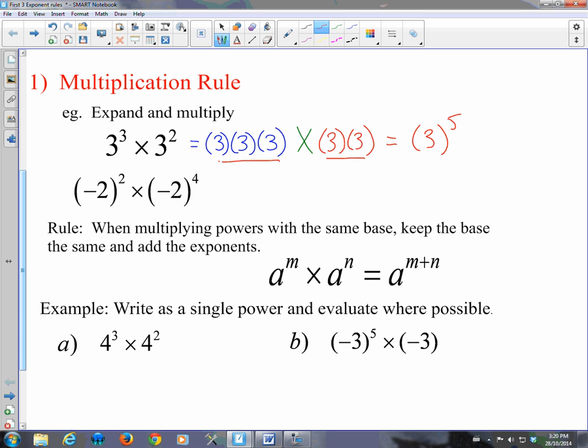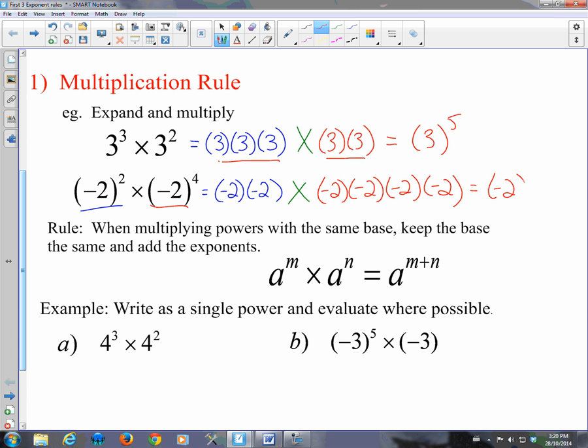Or if I had -2 to the exponent 2 times -2 to the exponent 4, I would have -2 times itself 2 times, times -2 times itself 4 times. So that altogether I would have -2 times itself 6 times.